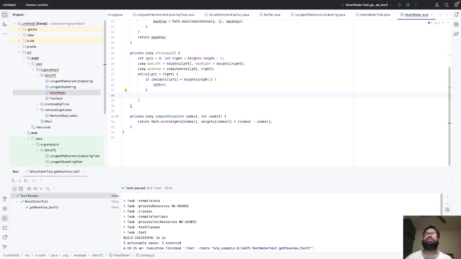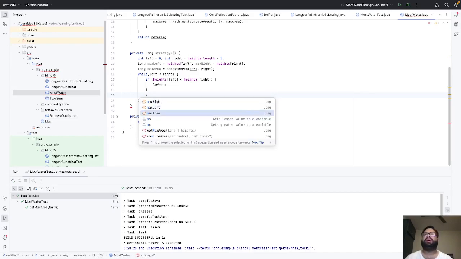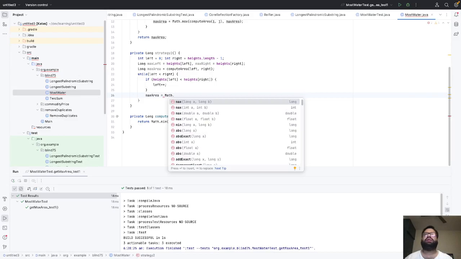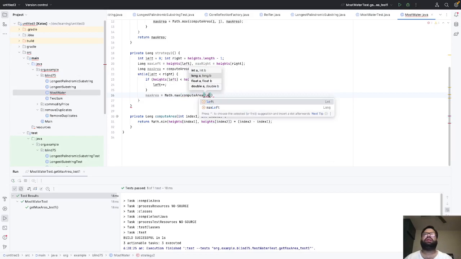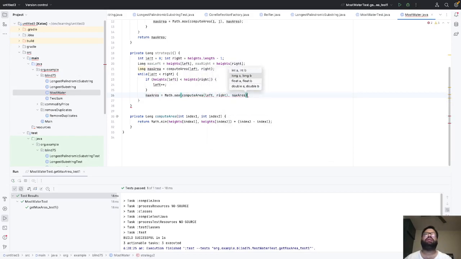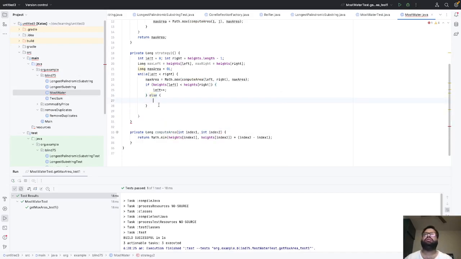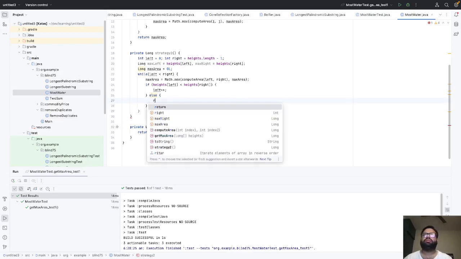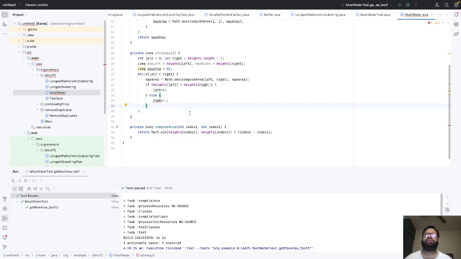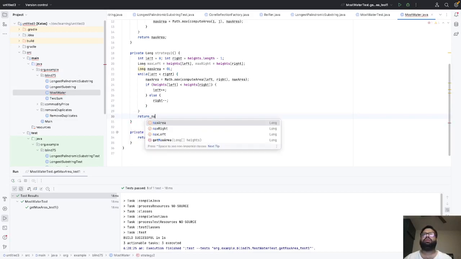Okay, max area equals max of compute area left comma right, and max area. Else, right minus minus. Return.